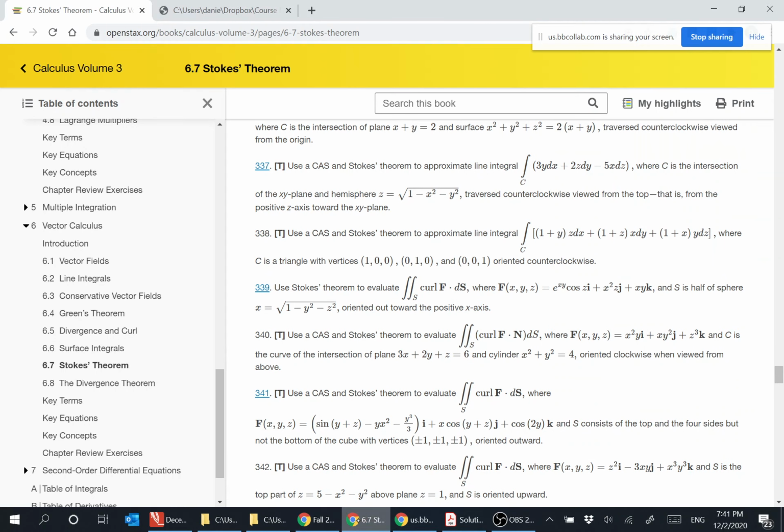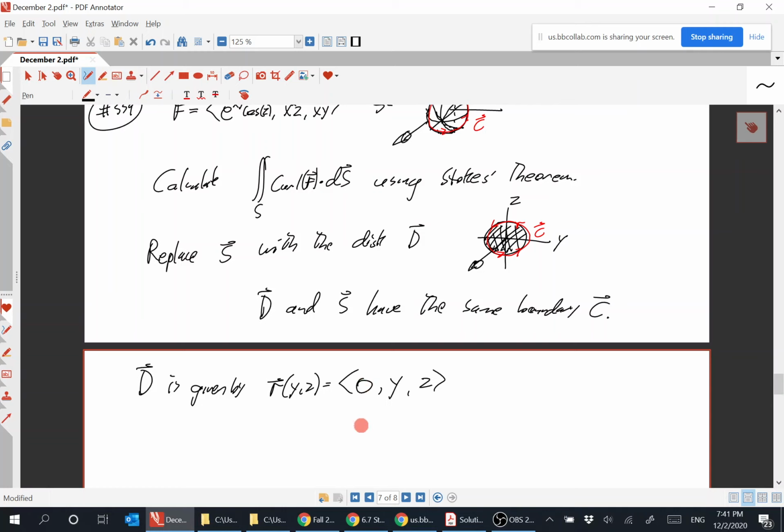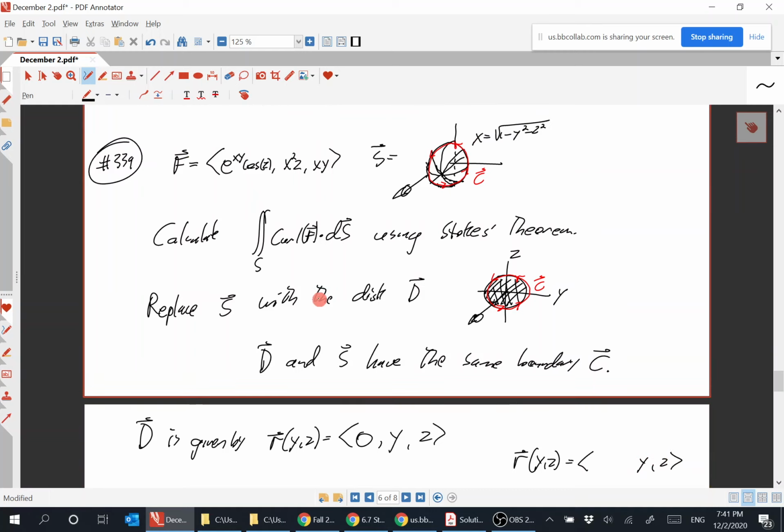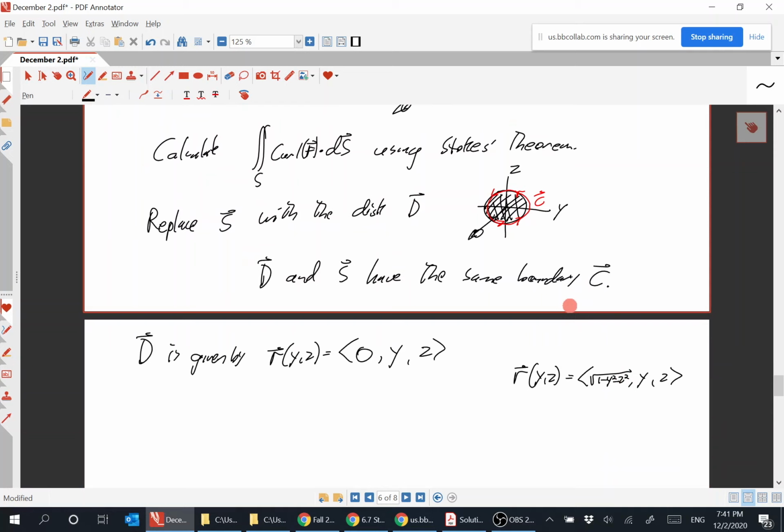Exactly. If you were to do the sphere, it would be r of y, z equal to y, z, and x equal to the square root of 1 minus y squared minus z squared. Big difference. Here, it's just a 0, and when you take that dot product, having zeros around is going to be a big help.